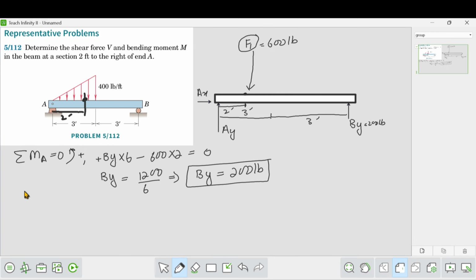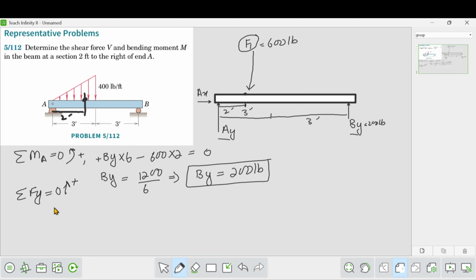Now I will take summation of all vertical forces acting on this beam equal to 0. The force directed up will be taken as positive. There are only 3 vertical forces, AY, BY and F1.